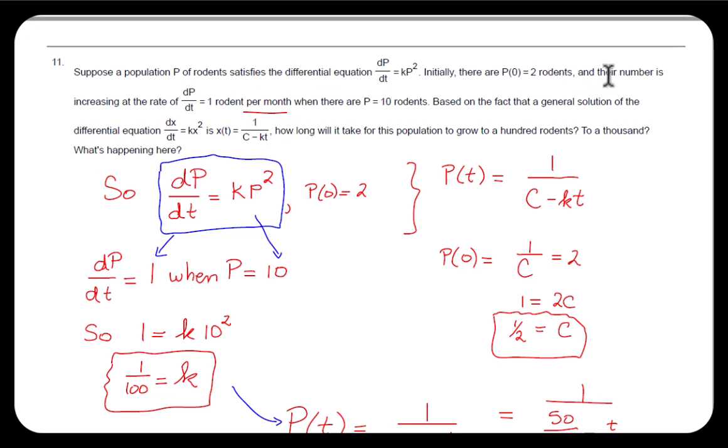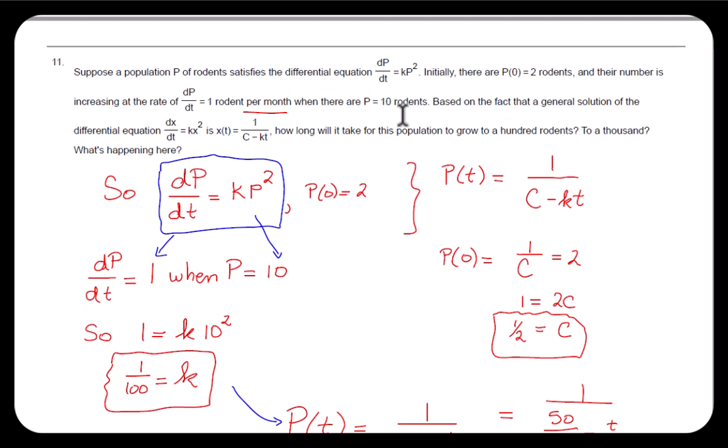And they're also telling me that the rate at which they are increasing is 1 rodent per month at the particular time when there are 10 rodents. That's important to note there because this is at a fixed point in time when there are 10 rodents. The rate is set at 1.